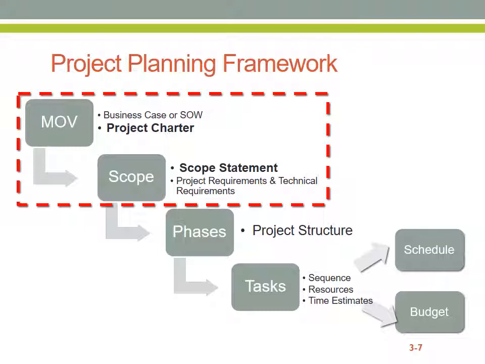Once we are done with both schedule and budget, we are going to start off the project execution phase, because we are ready to start tracking to the schedule and the budget once they have been approved by, you guessed it, the project sponsor.